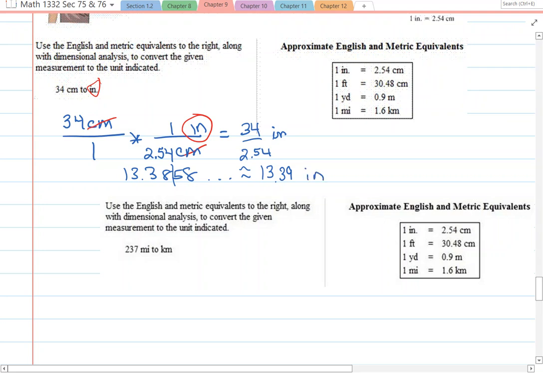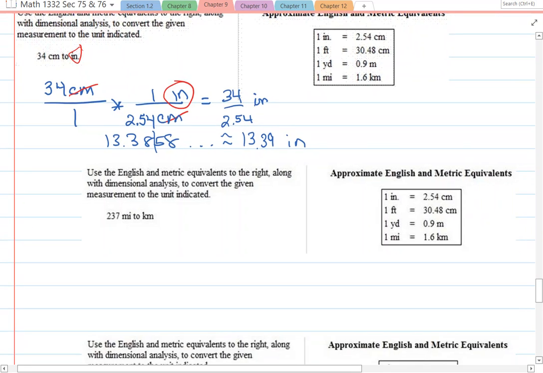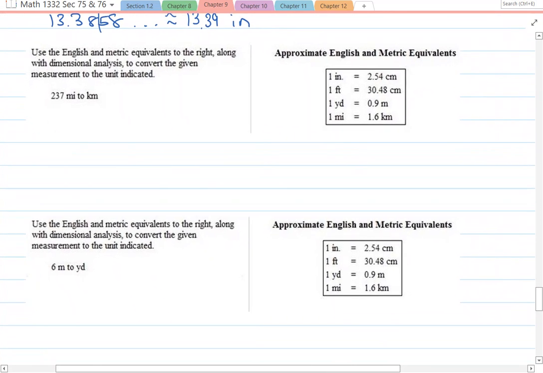All right. Nothing hard. We can do this. So now we're going to do this one. Again, we're using English and metric equivalents. And we have 237 miles. And we want to change to kilometers. So we have to have miles on the bottom.